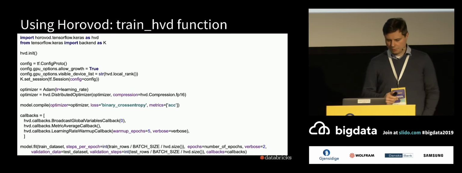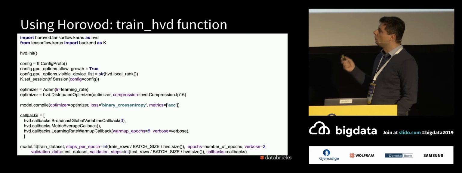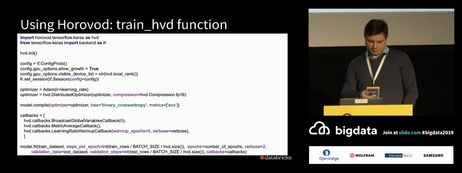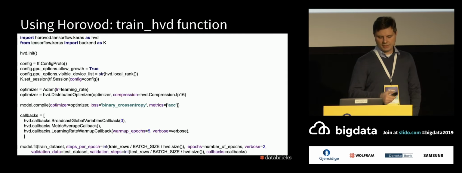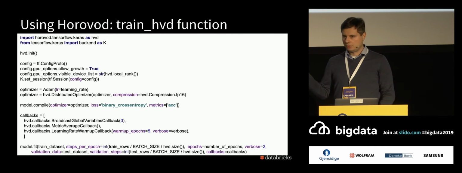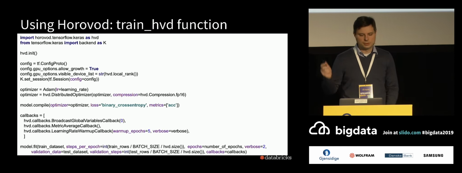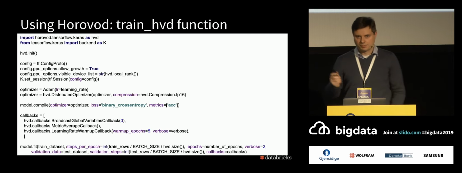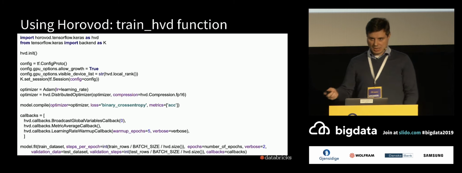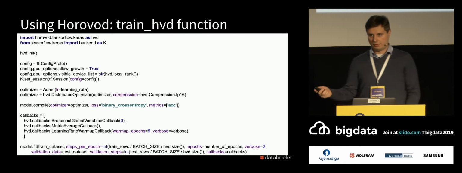And here you can see what the whole function can look like. We have our optimizer, we have the callbacks, and then we can just call the standard Keras model.fit method or fit_generator. So basically, we don't change anything, we just add a couple of calls to your existing code.